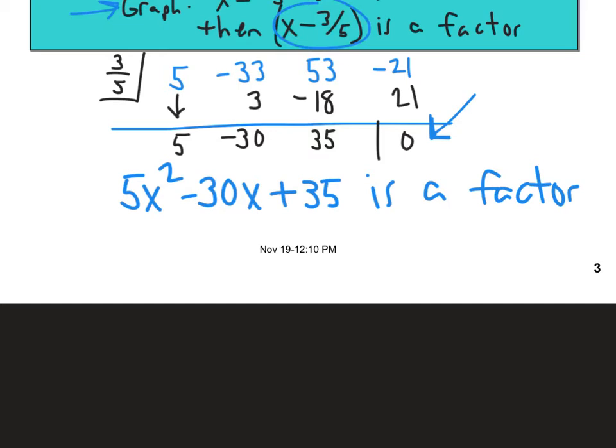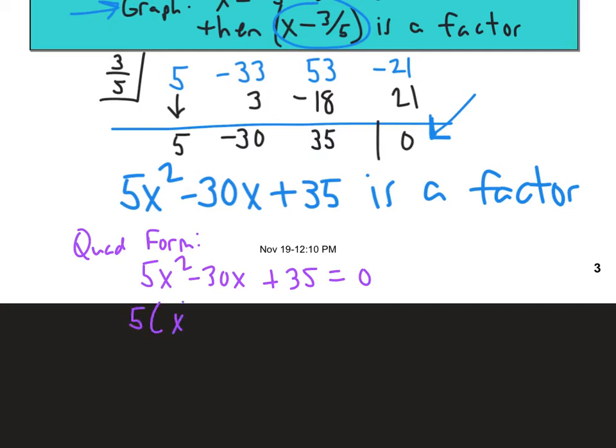So let's use the quadratic formula. Or you can try factoring, but usually if it's not a rational number, the factoring may not work. But let's do the quadratic formula. 5x squared minus 30x plus 35 equals 0. If you recognize that you can factor a 5 out, that makes the numbers even smaller, which helps a little bit.